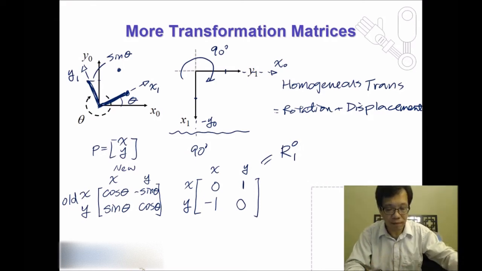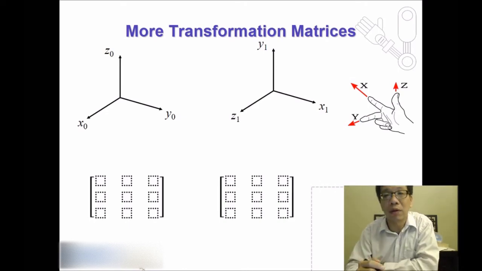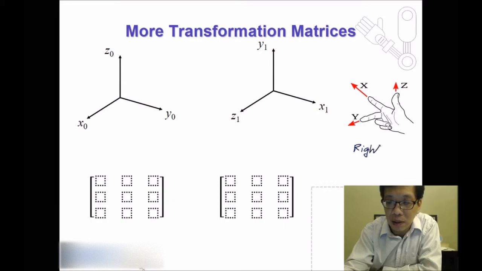Now, if we expand everything into three-dimensional space, what are we going to do? First, we would like to talk about the right-hand rule. The right-hand rule helps us determine which direction is x, which is y, and which is z.